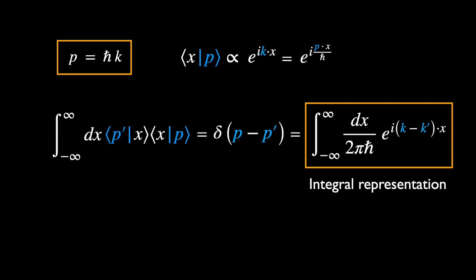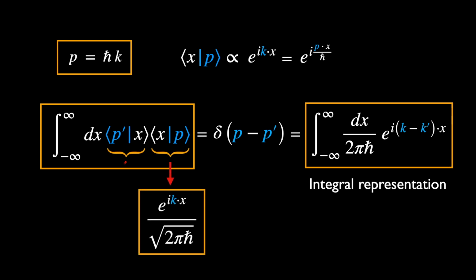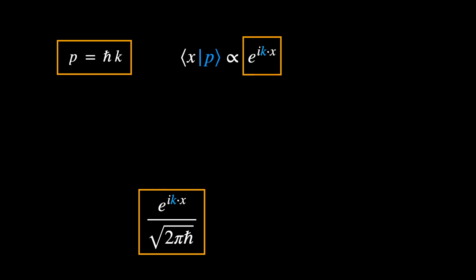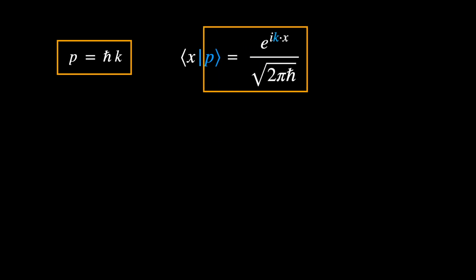Compare this to the left-hand side. We get the exact expression for the wave function of the momentum state and its complex conjugate. We find the prefactor of the wave function to be 1 over the square root of 2πħ.